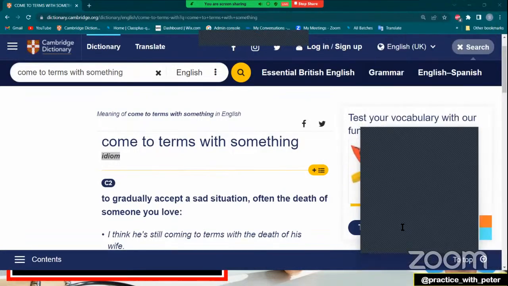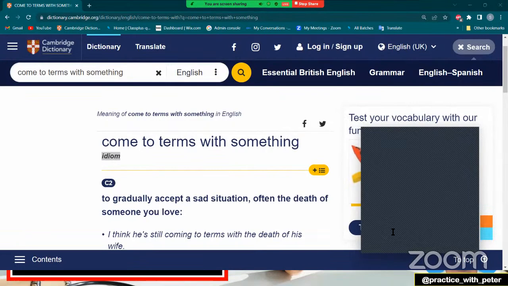So idiom. How many of you have learned this idiom? You can use this idiom in your speaking and in writing. You will get an A grade if you use such idioms. If it is new for you, say yes.